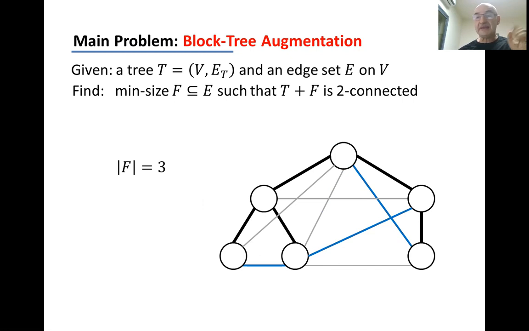On the other hand, if we add these three blue edges to the solution, then the resulting graph will be two connected. And actually, we can find here a smaller solution, a solution of size 2. Adding these two blue edges to the tree gives also a two connected graph. This is actually the optimal solution here, and its value is 2.